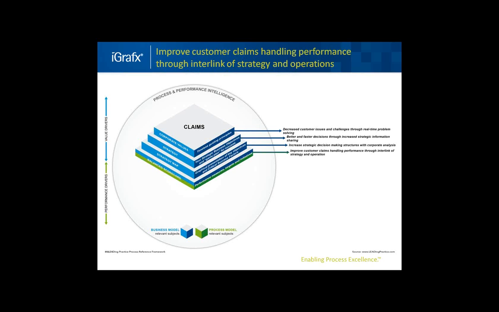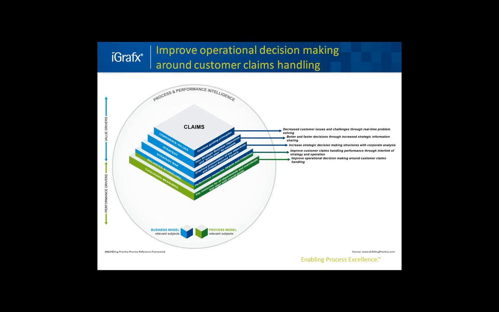Now we go into some of the other subjects of performance drivers. We would see cascading measures to be a really big challenge, meaning increasing and improving the operational decision-making around customer claims handling, meaning the key measures for all departments and individuals that are involved in the claims handling.